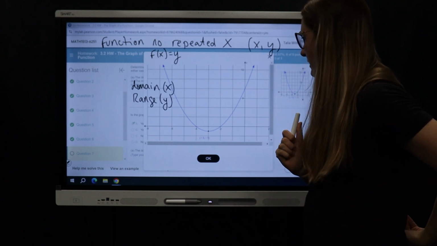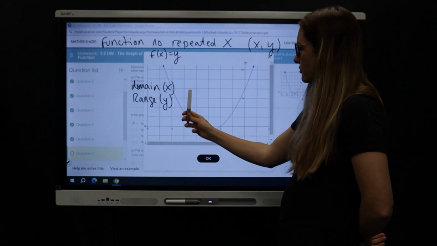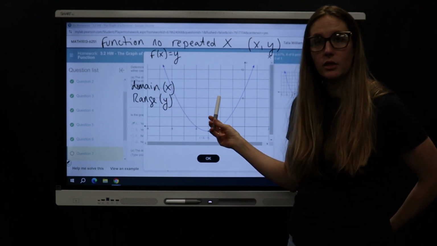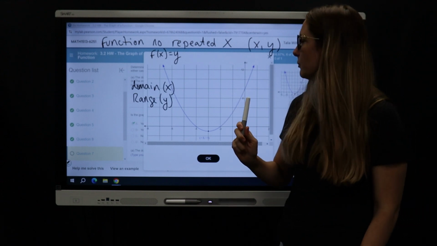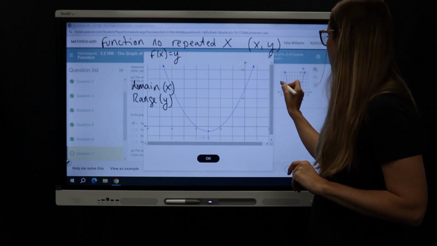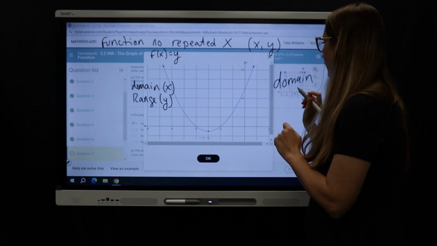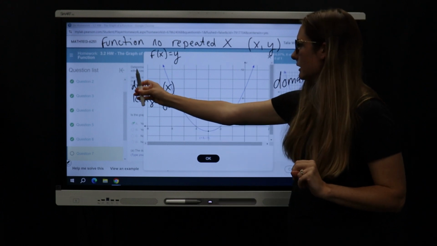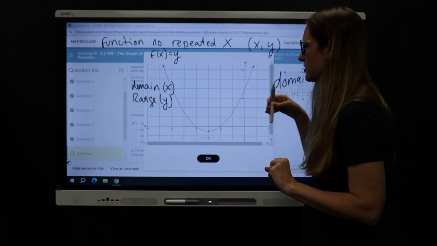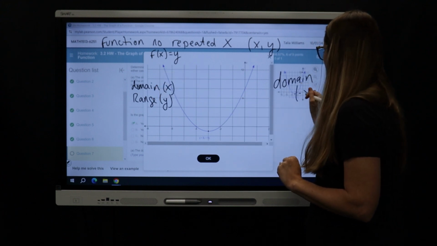All I did though was this graph, we checked to see if it was a function. Anywhere I draw a vertical line on this graph, it's only going to cross it at most one time. Now then, domain is where I was at. So domain of this graph, our first time we encounter this graph going left to right, because domain is x, we have an arrow, so that's going to be negative infinity.